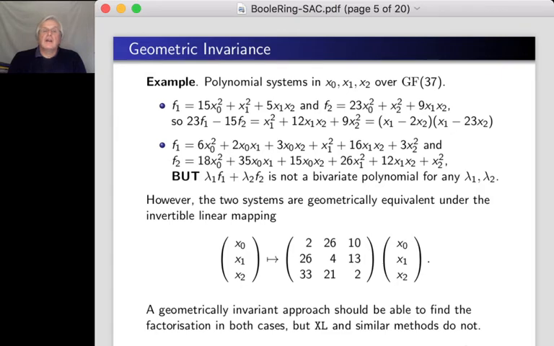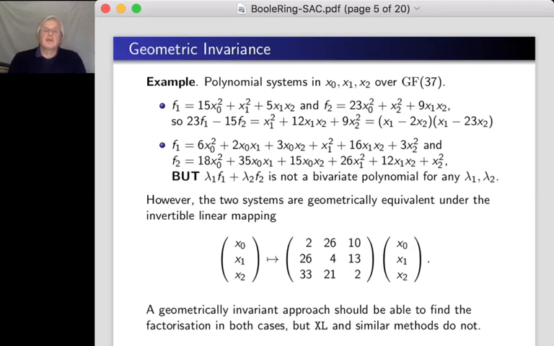And if I find out that 23f1 plus 15f2 is a bivariate polynomial, x1 squared plus 12x1x2 plus 9x2 squared, which factorizes into x1 minus 2x2 and x1 minus 23x2. So here, in this system, I could clearly substitute x1 for either 2x2 or 23x2.